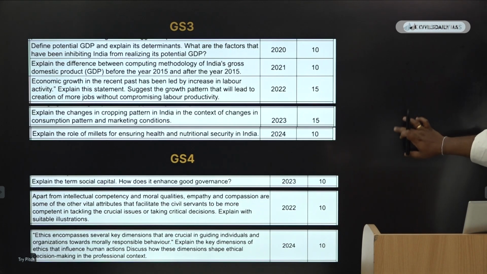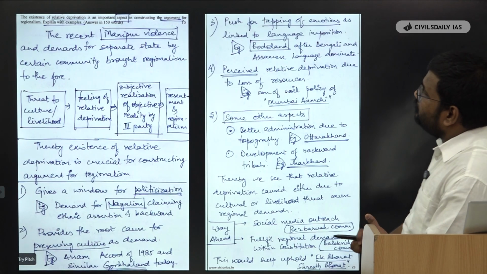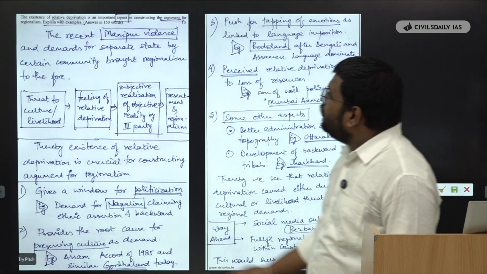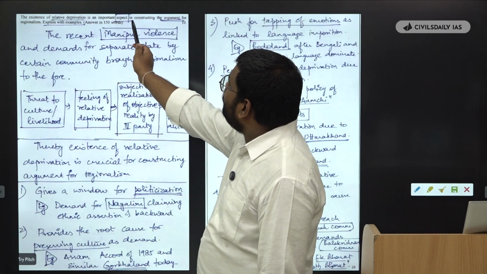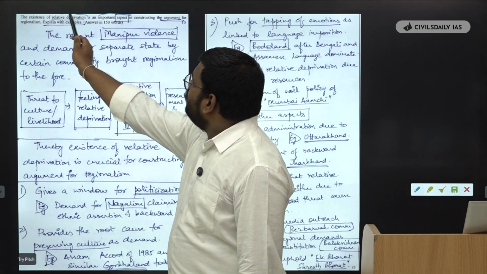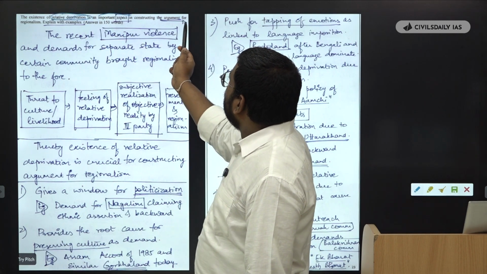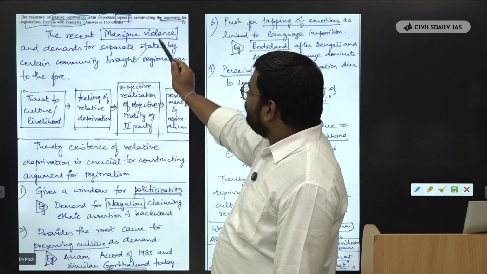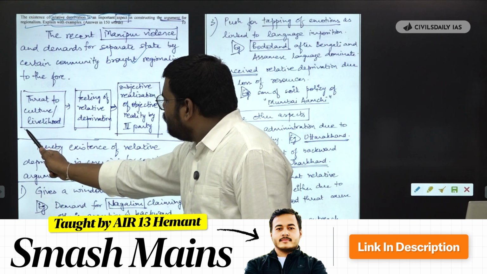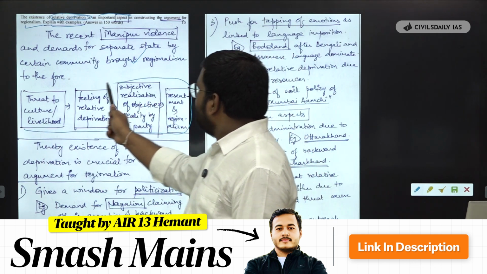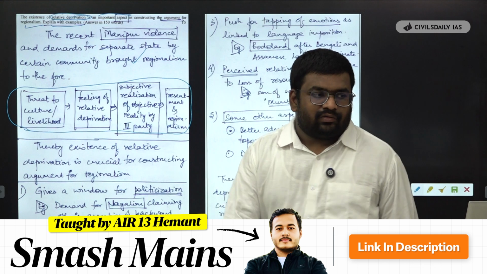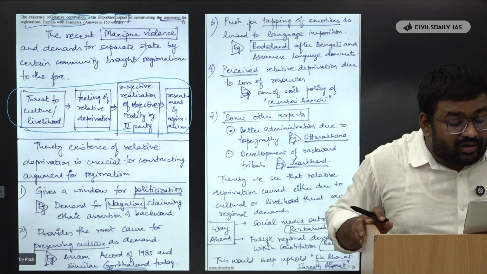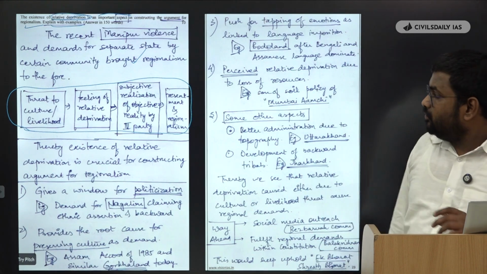If you see these answers, again it will be 70-30 only. Existence of relative deprivation is an important aspect in constructing the argument for regionalism. Explain with examples. So we have started with this. Then for explanation of the mechanism, he has used a flowchart where he has explained how relative deprivation leads to regionalism.